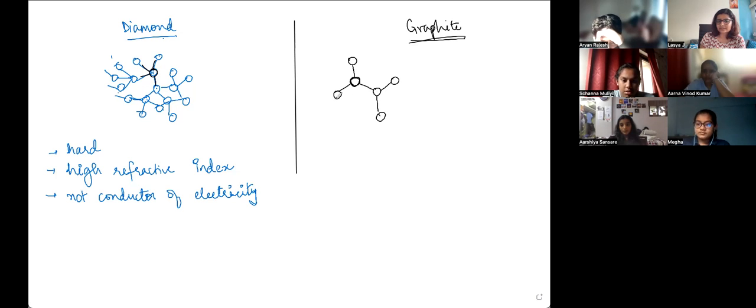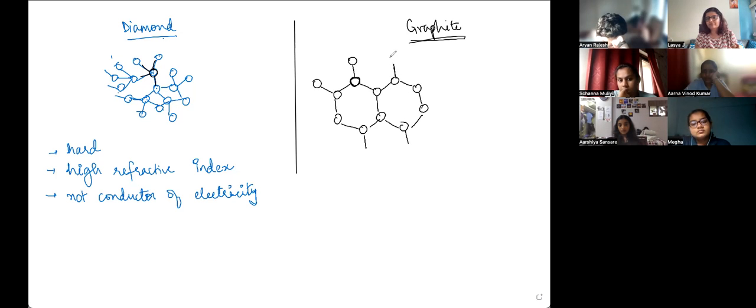This is also linked to 3 other carbon atoms. Through this sort of linking, you can observe two things. One, this forms a flat hexagonal structure, this whole network.